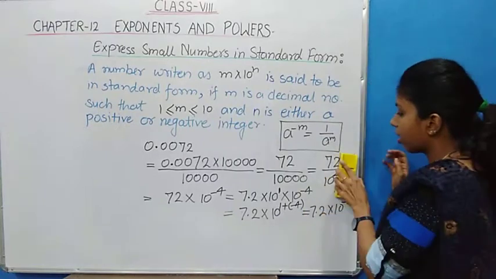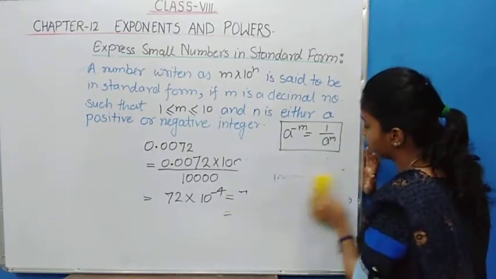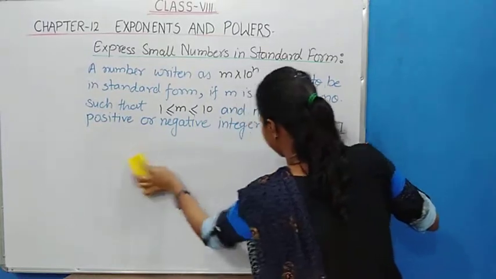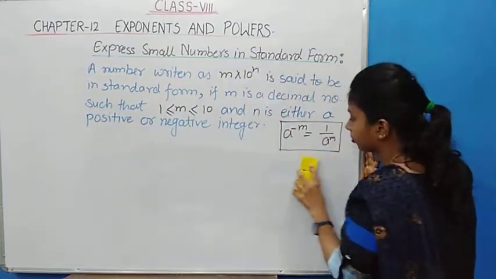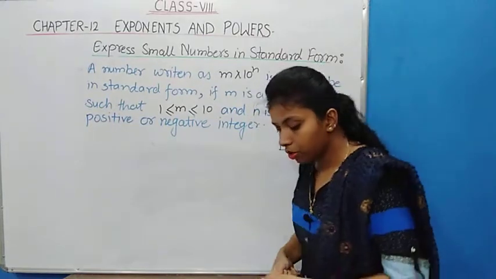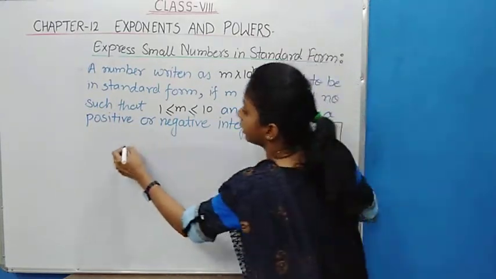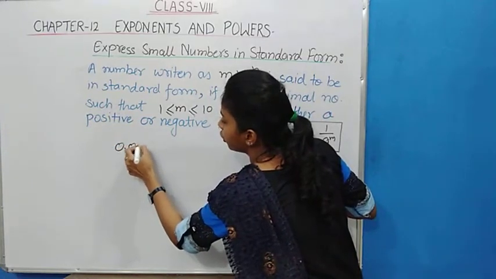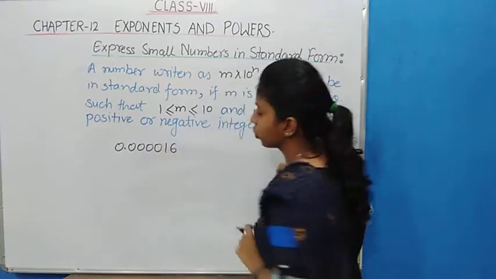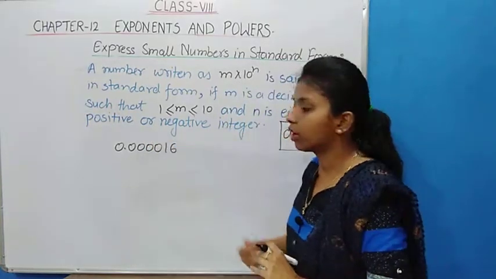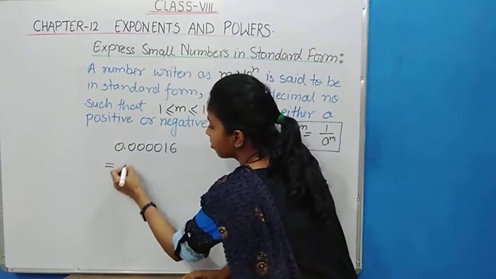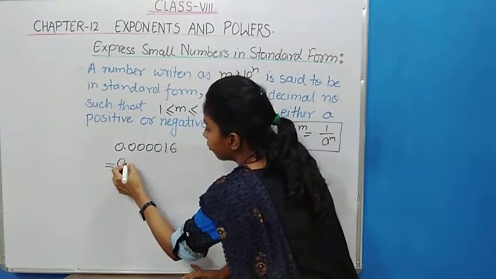Suppose I'm taking another small number like this, 0.00016. So this is any number. First thing we're going to do, we're going to convert this decimal number into a fraction.